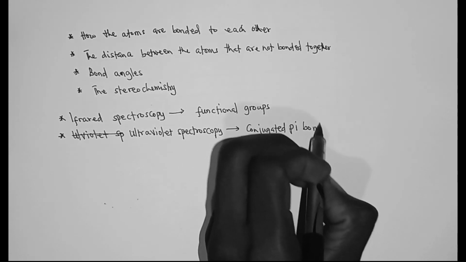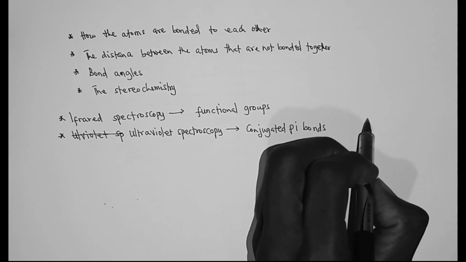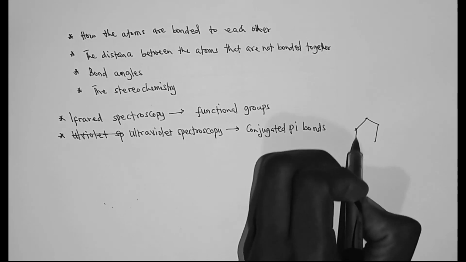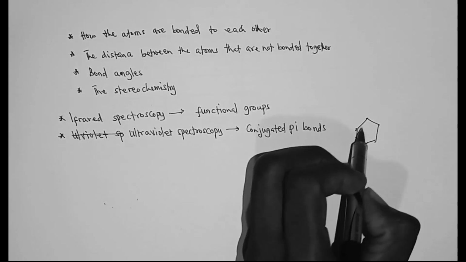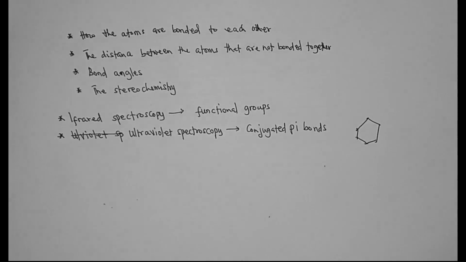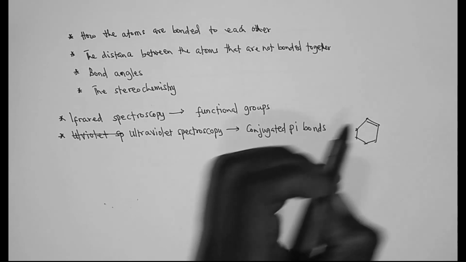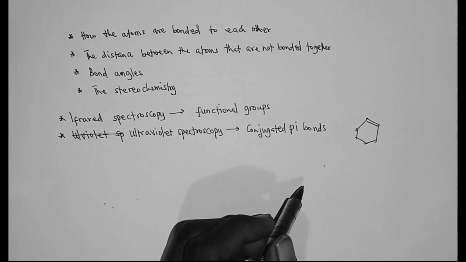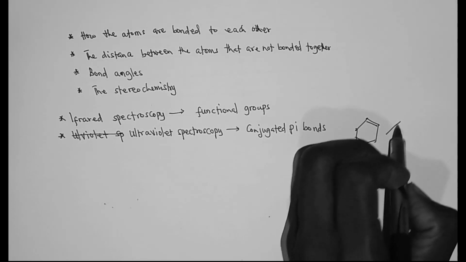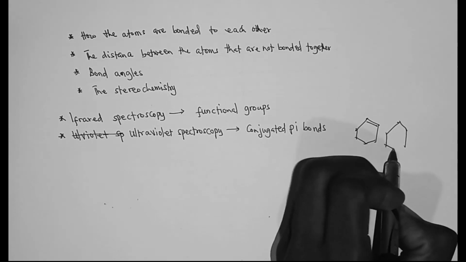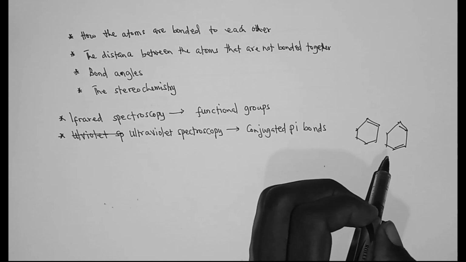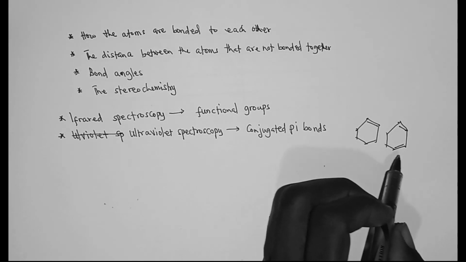Now, for example, let's assume you have cyclohexane in this form, cyclohexene in this form, and then you also have another molecule here, which is cyclohexadiene.